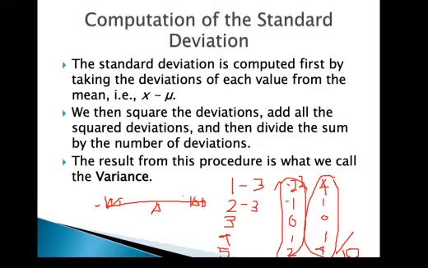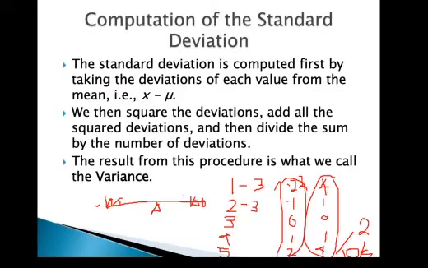When we add, this is called the sum of the squared deviations from the mean. And then we can get the average when we divide that by 5. The average squared deviation from the mean is equal to 2.